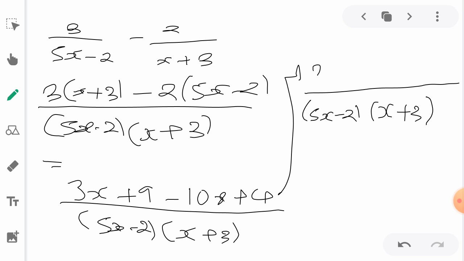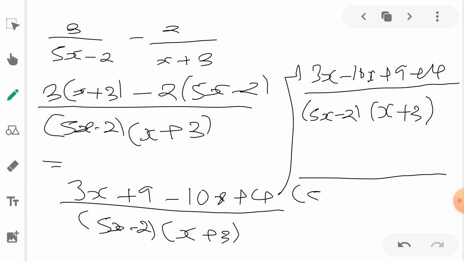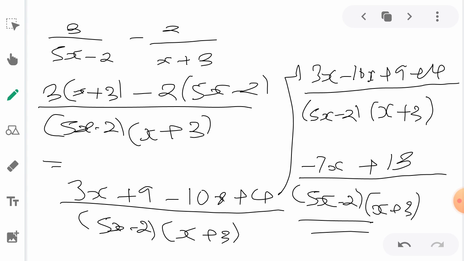So we need to collect the like terms now: 3x minus 10x plus 9 plus 4. Then our final answer becomes over 5x minus 2, x plus 3. Then 3x minus 10x is negative 7x. Then positive 9 plus 4, you get positive 13, and that becomes your answer.